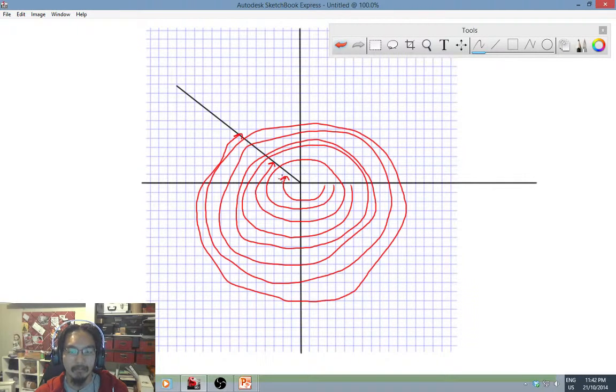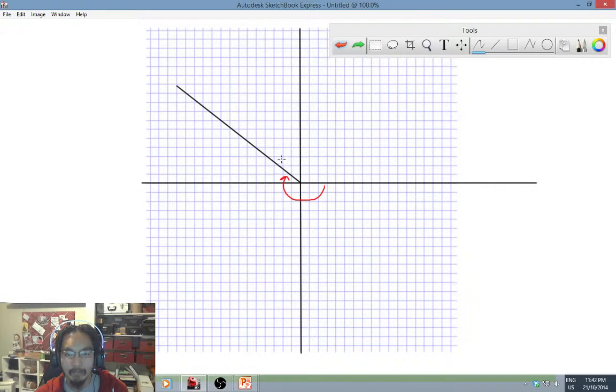So that angle goes 1, 2, 3, 4 times around, and then finally gets there. And those all have the same terminal side. Because they have the same terminal side, they're all coterminal angles.